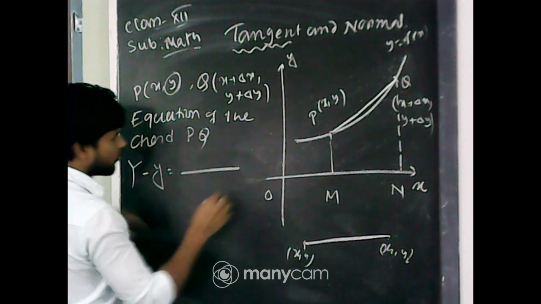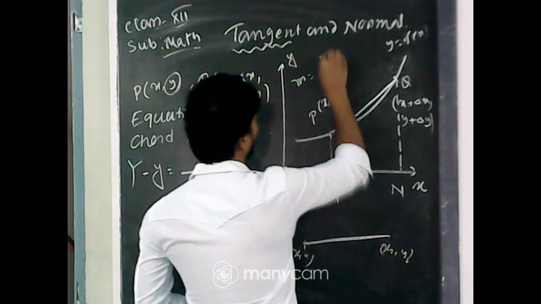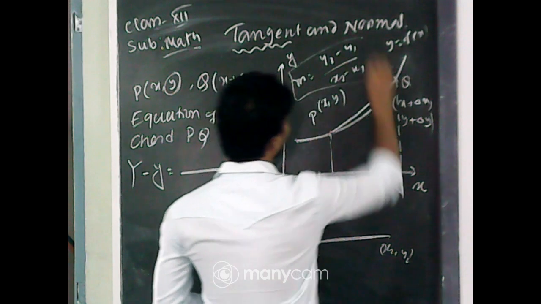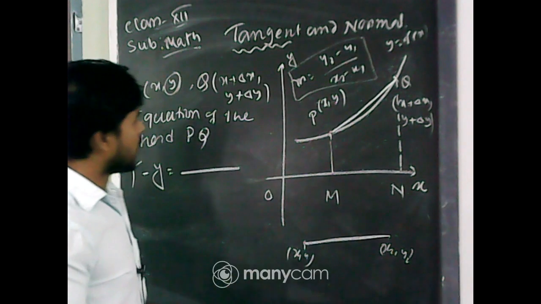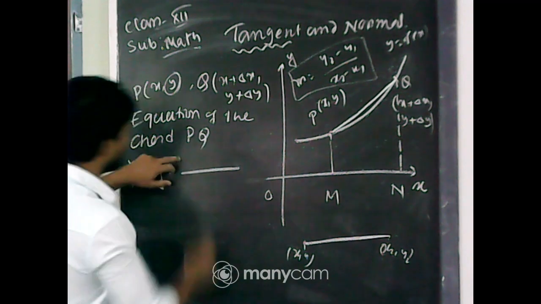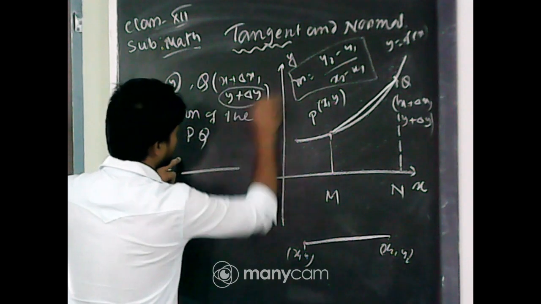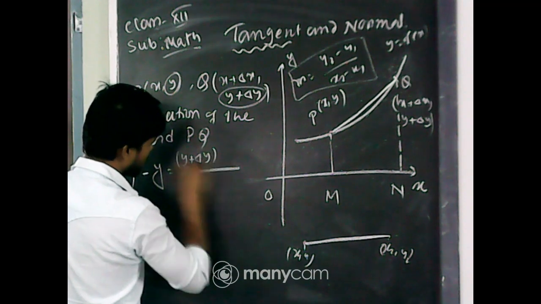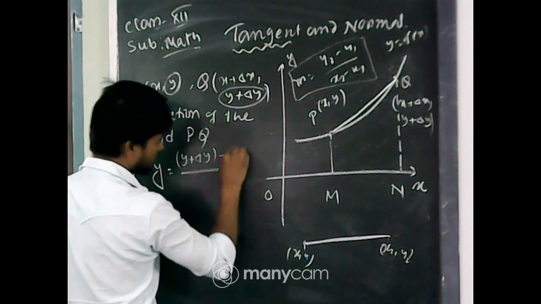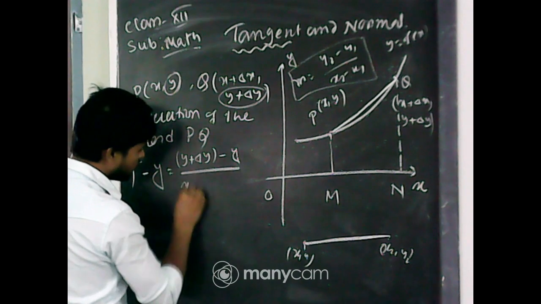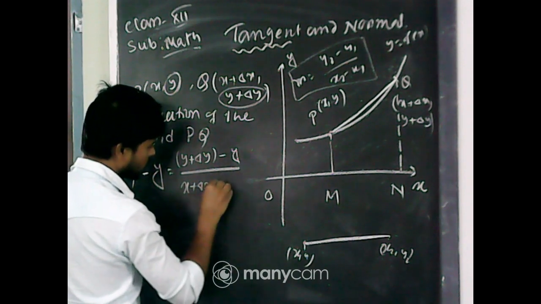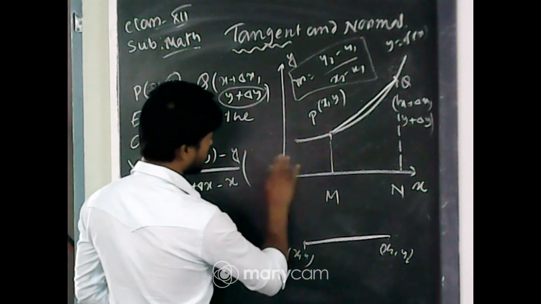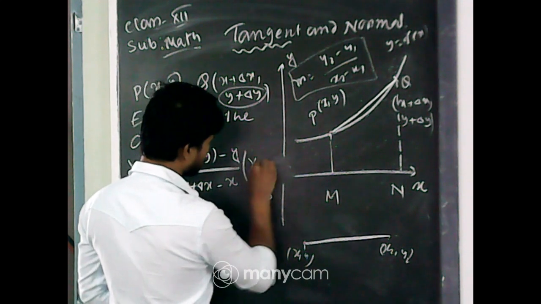The formula of m is y2 minus y1 by x2 minus x1, the slope of the line joining the points x1 y1 and x2 y2. Here y2 means y plus delta y, minus y1 means y, by x2 means x plus delta x, minus x1 means x, into x minus x1.